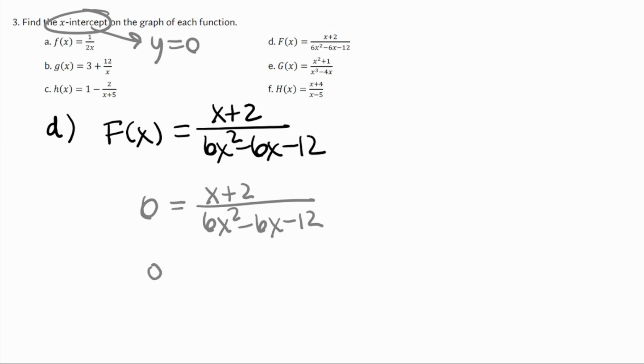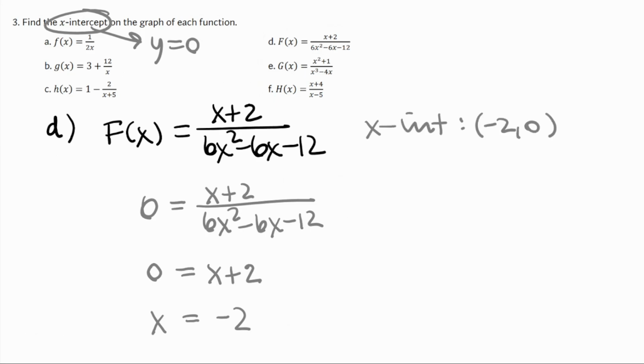Either way, you end up with 0 equals x plus 2 and x equaling negative 2. Plug that into the denominator: 6 times 4 is 24, plus 12, minus 12, so that's not a 0 denominator. My x-intercept is negative 2 and 0.